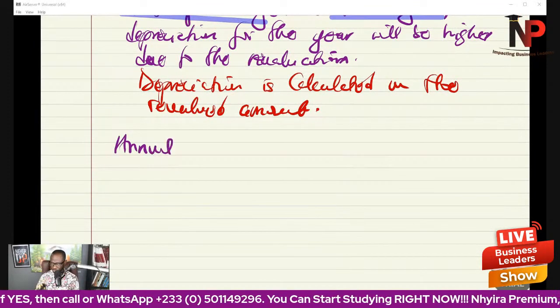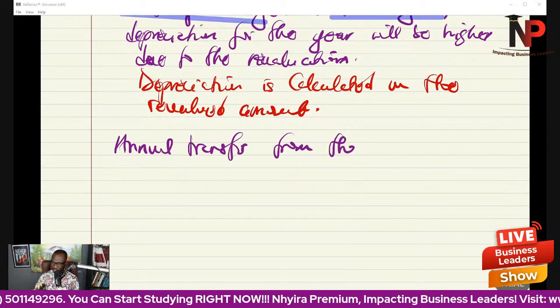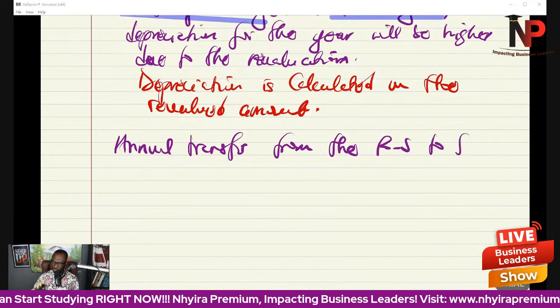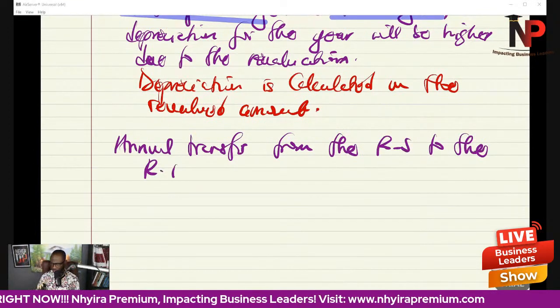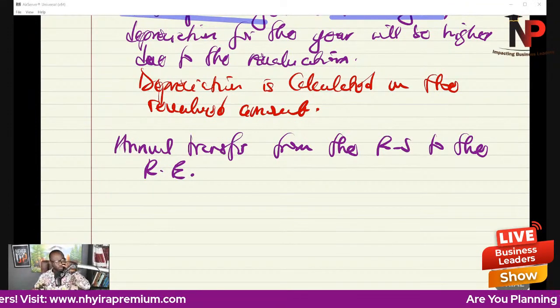It is what we refer to as the annual transfer from the revaluation surplus to the retained earnings. So, what is the meaning of that?